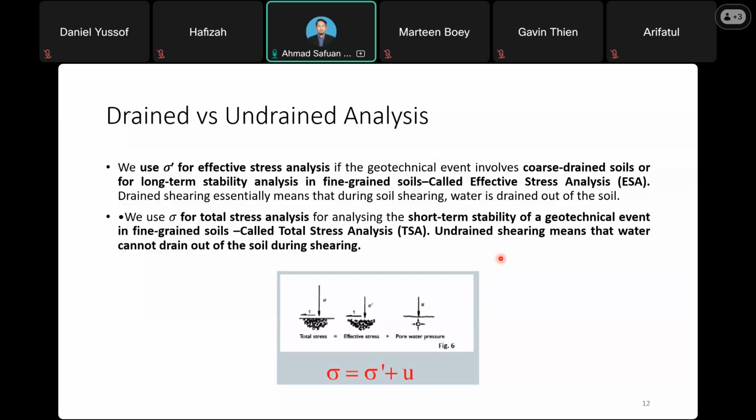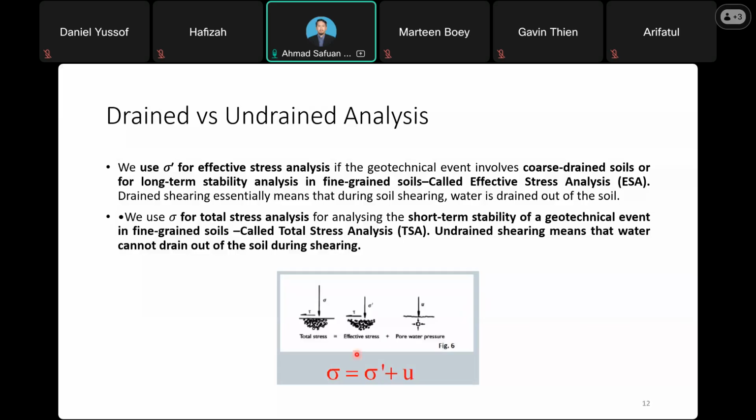While the undrained usually relates to clayey type of soil, where the water is unable to be drained out during the shearing conditions. So that is the approach used by EC7 to describe the behavior of sandy and clayey types of soil.